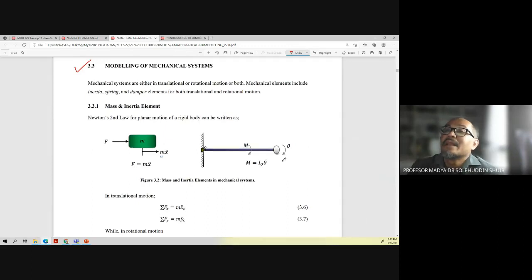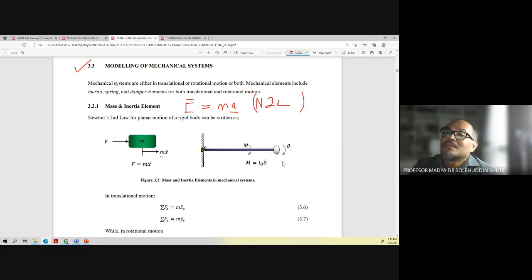The first one is the mass and inertia element. Here we have the diagram of it. Using Newton's second law, you know that F equals mass times acceleration.